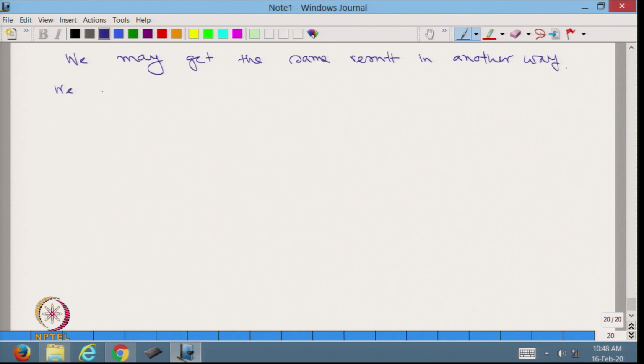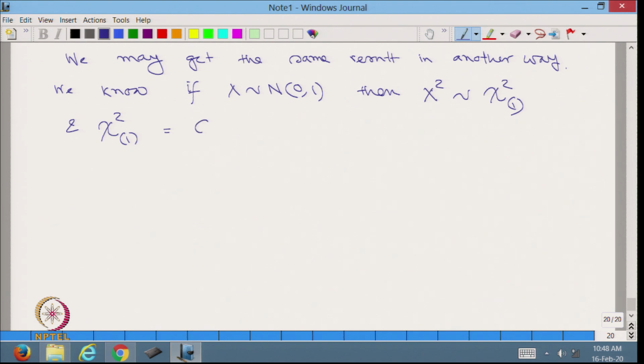We know if X is normal(0,1), then X square is distributed as chi-square with 1 degree of freedom, and chi-square with 1 is equal to gamma(1/2, 1/2).